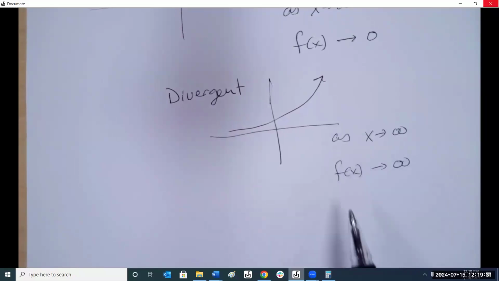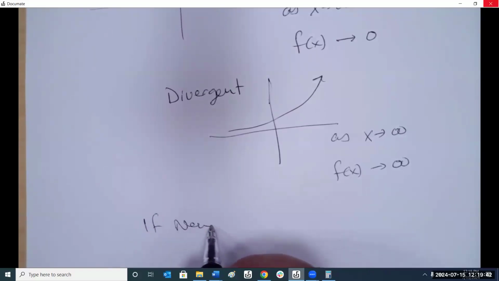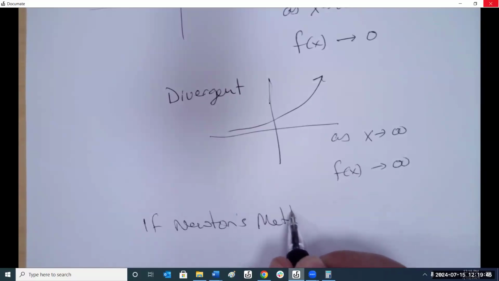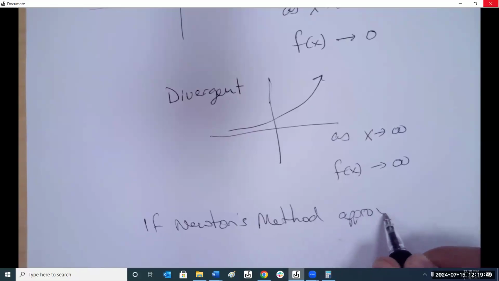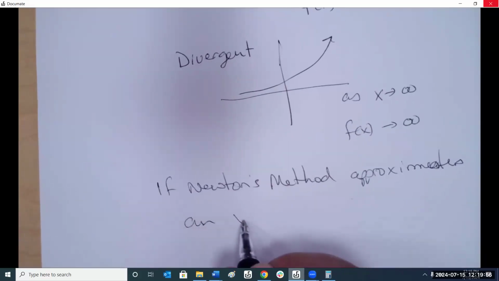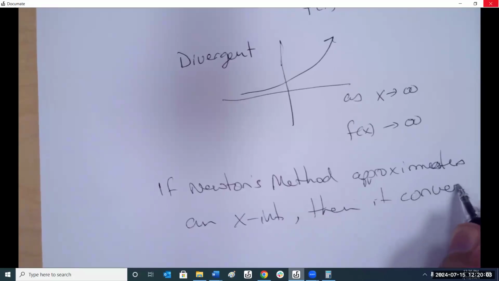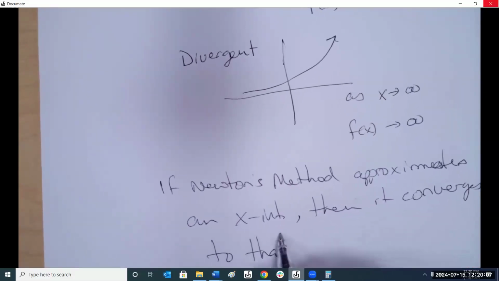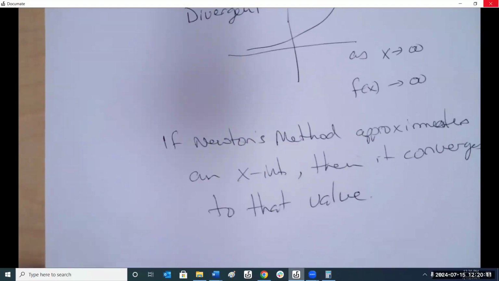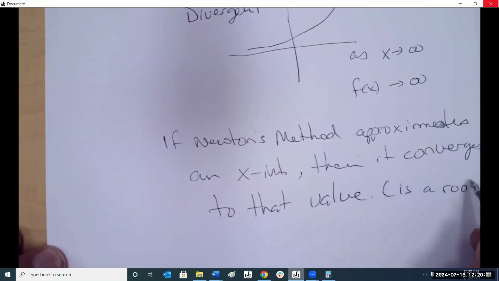In reference to Newton's method, if it converges, it approximates an x-intercept, then it converges to that value, and that value is a root.